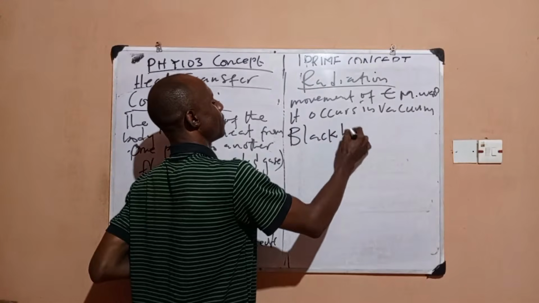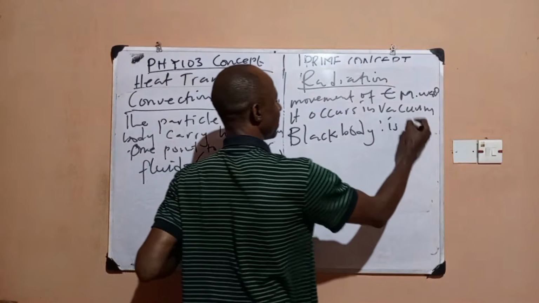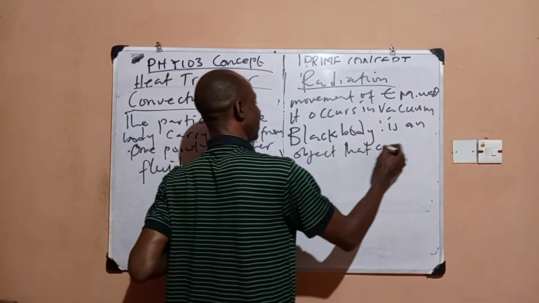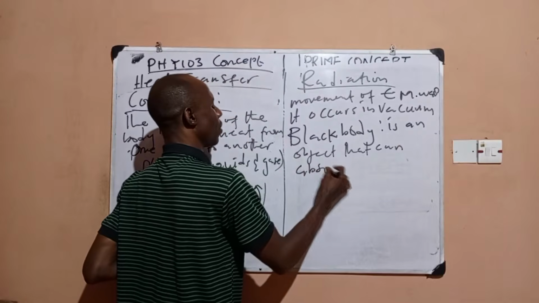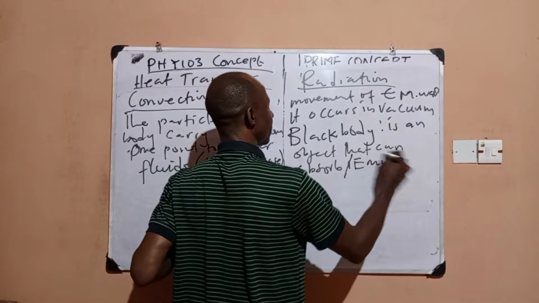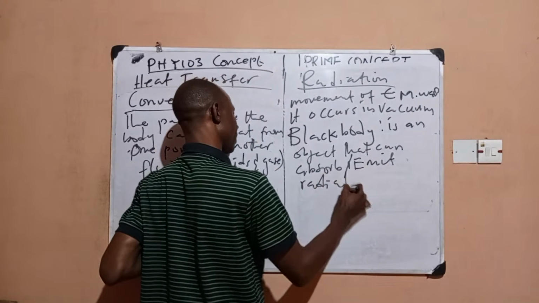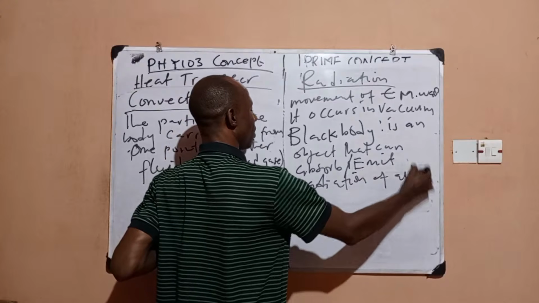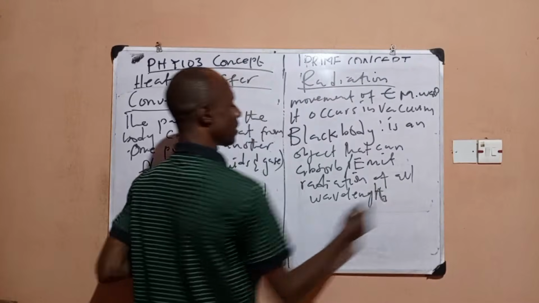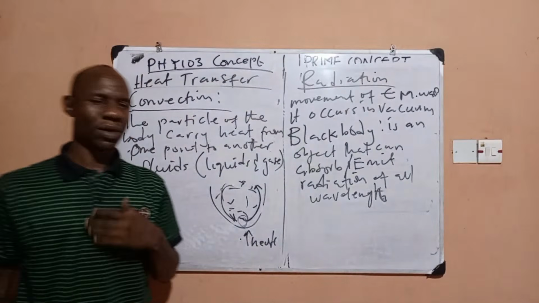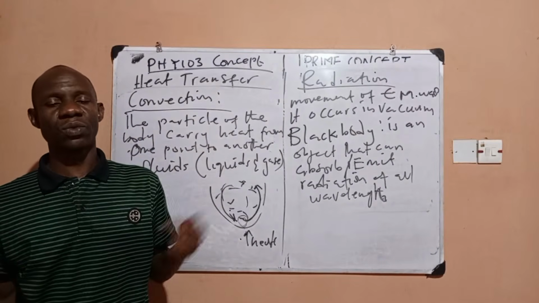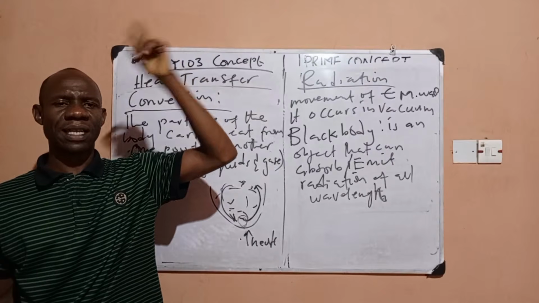A black body is an object that can absorb or emit radiation of all wavelengths. That is what you call a black body, or a perfect black body. A near perfect black body we know is the sun. The sun is a near perfect black body.